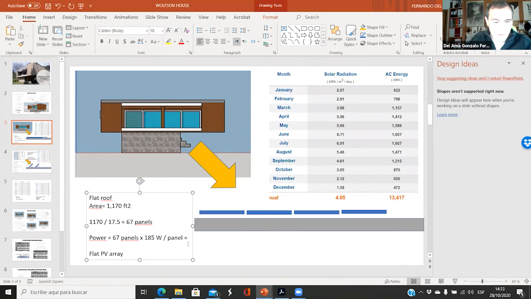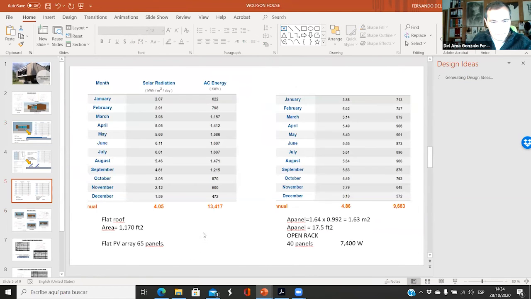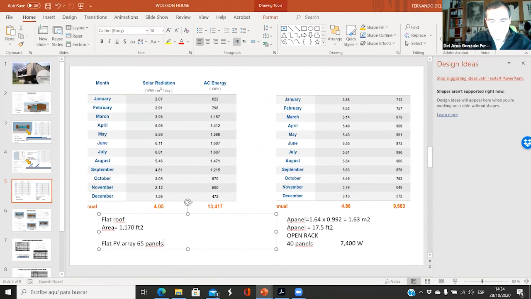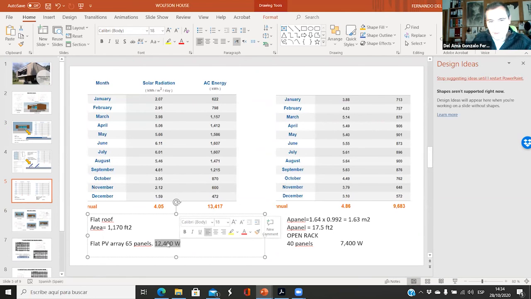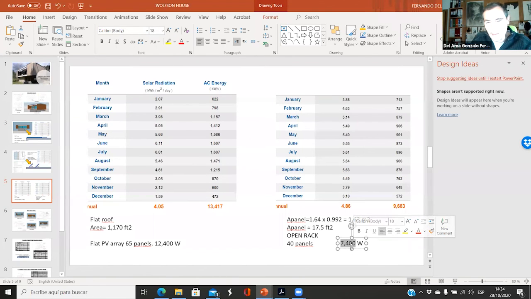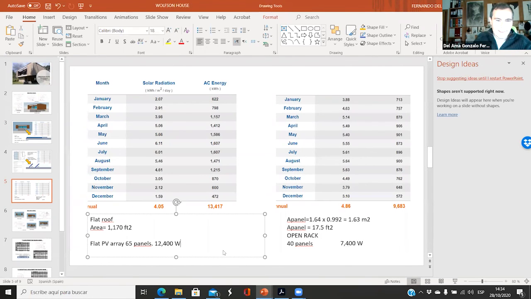Okay, it was 12,400 watts. So this array produces 12,400 watts, and this one produces 7,400 watts. So now the price, or the cost.